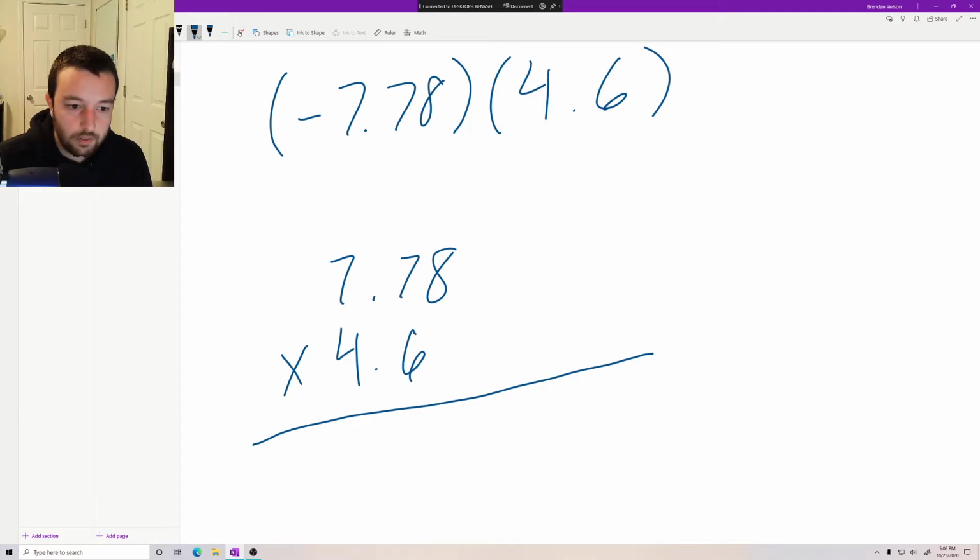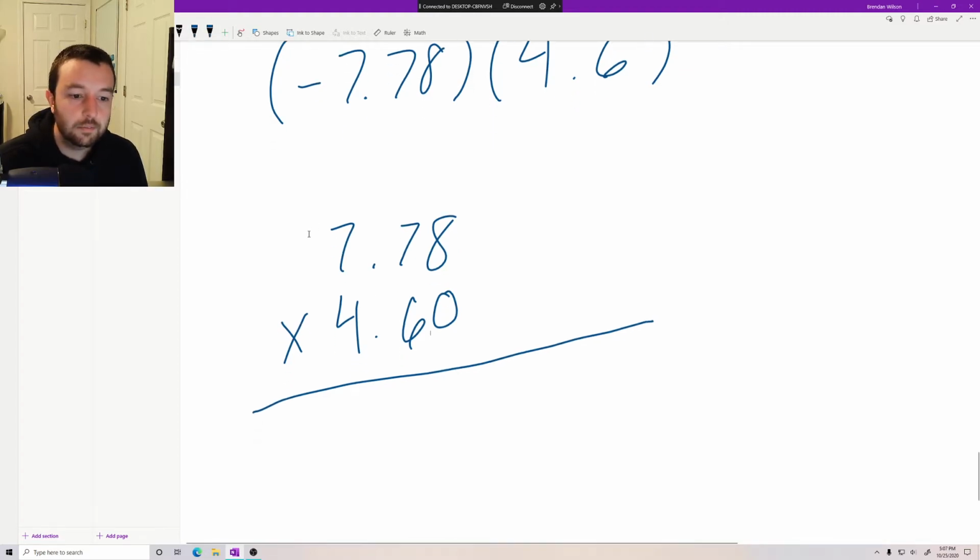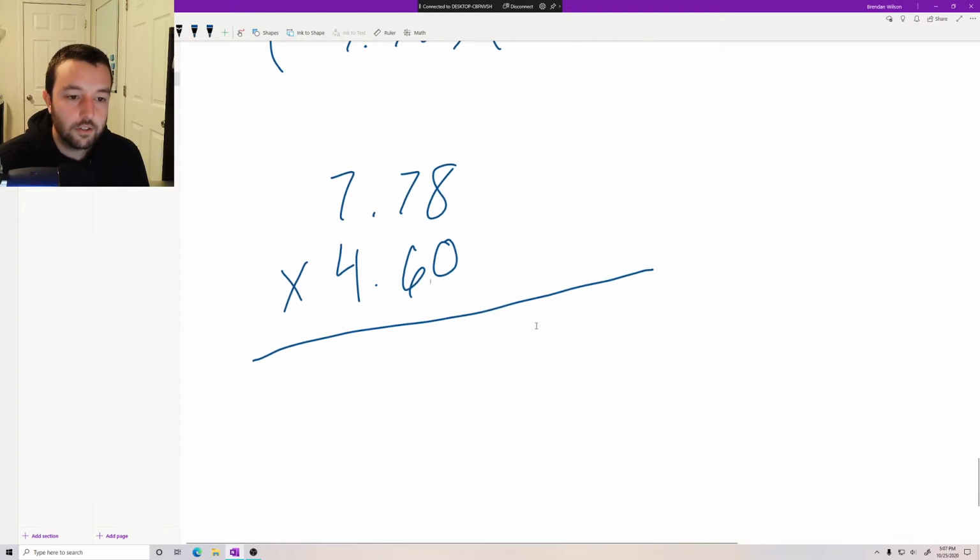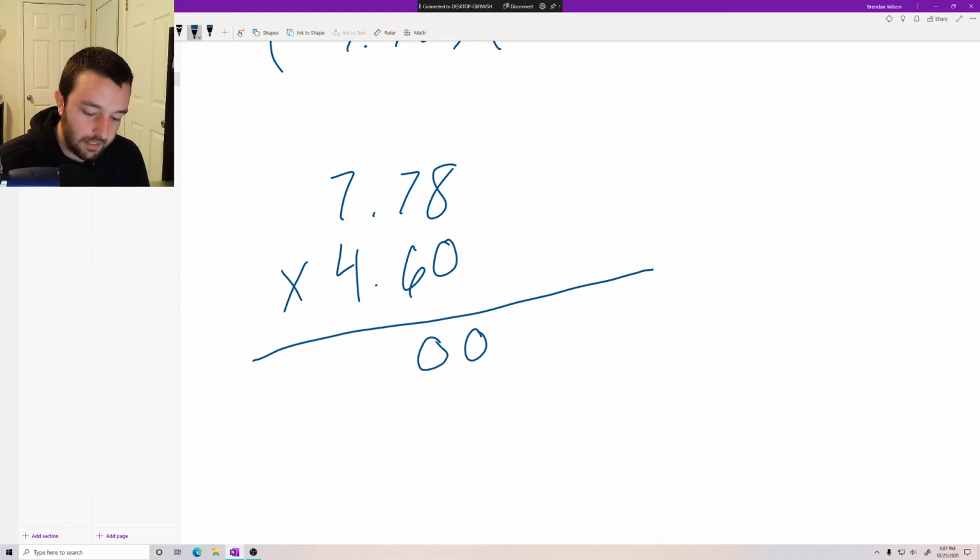It might be helpful to add a 0 here, so that we have the same number of digits in the top and the bottom numbers, just to keep track of them a little bit better. Okay. So we're going to do the multiplication as normal, ignoring the decimal. So we have 0 times 8, 0 times 7, 0 times 7. And then we move down to the tens place.